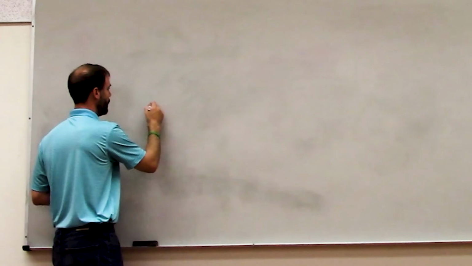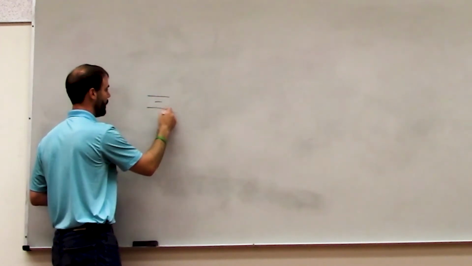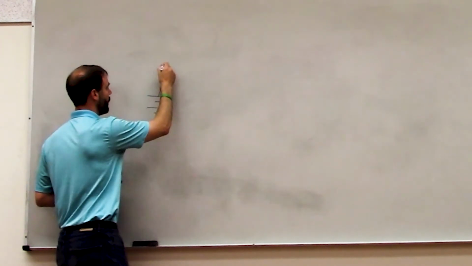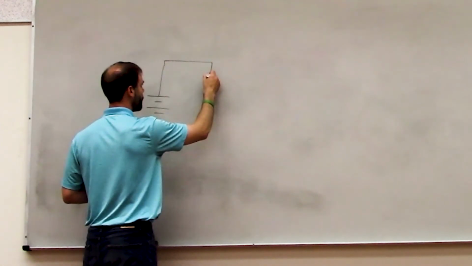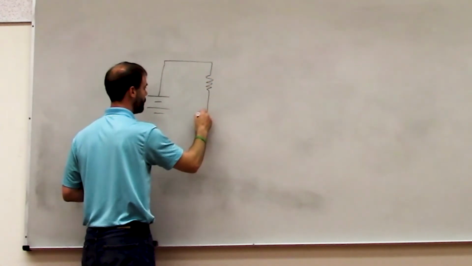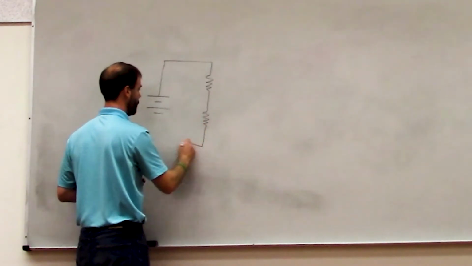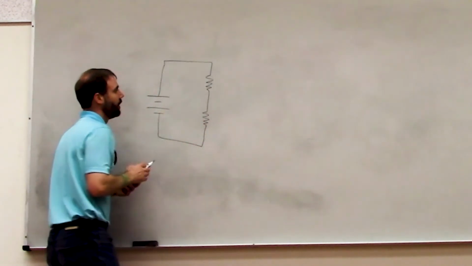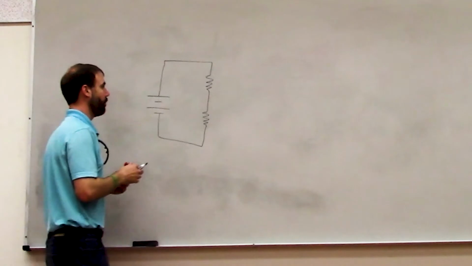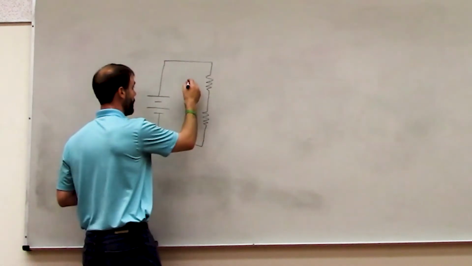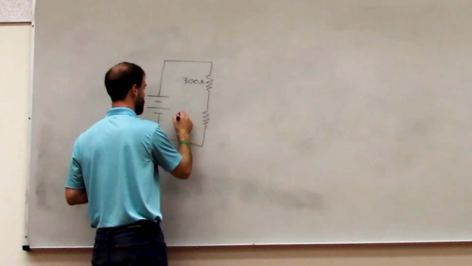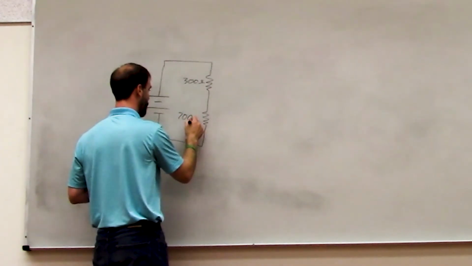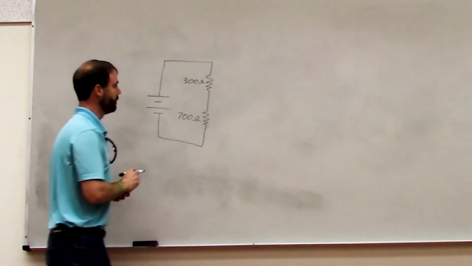We've got a power supply here, and then we've got two resistors like this. Say this is 300 ohms, and then this is 700 ohms.